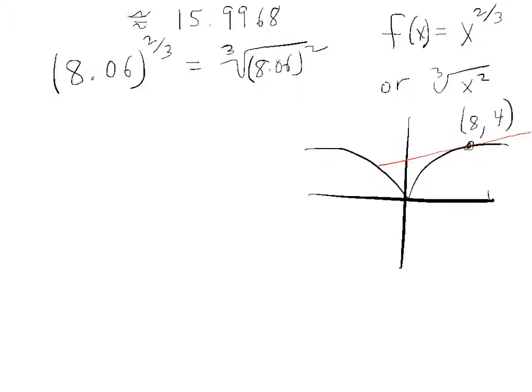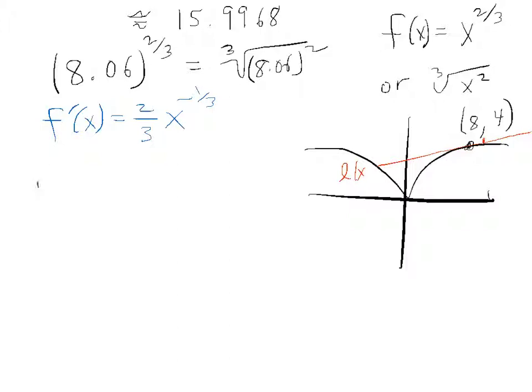And then 8.06 would be really close to that on this line, so L of that would be very close to what it actually is, 8.06 on this curve. So we're going to find that. So we need the derivative, which would be 2/3 x to the 2/3 minus 3/3, or minus 1/3.